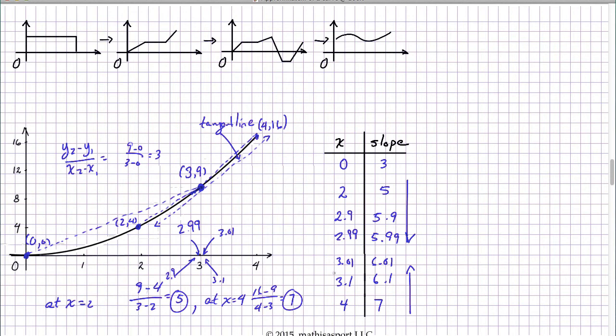Something right around 6. And in fact, if you continued to do this with increasingly closer points, just a tiny bit away from 3, both below and above on the x-axis, you would get numbers that continue to get closer and closer to 6. The problem, of course, is what happens if you put in 3?